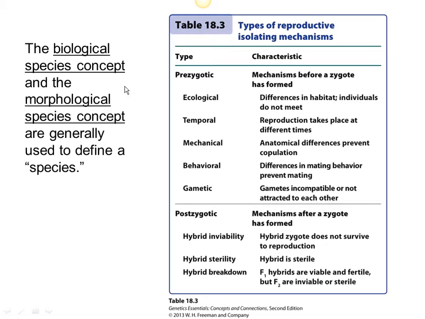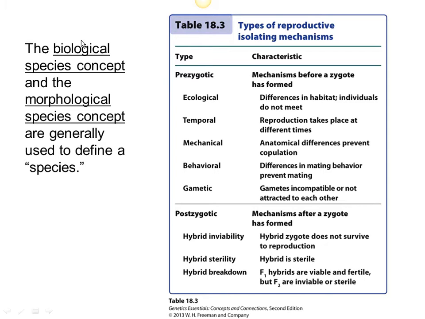The way that species are defined typically relies on a couple of concepts in biology. One is called the biological species concept, and one's called the morphological species concept. But additionally, since we're in genetics, there's a genetic species concept, or phylogenetic species concept, where they do genetic comparisons of genomic DNA sequences and so on.